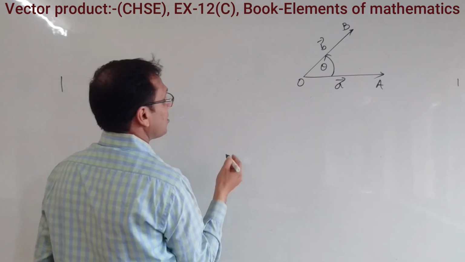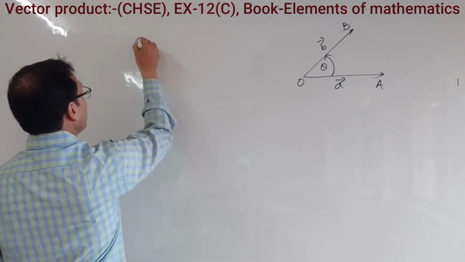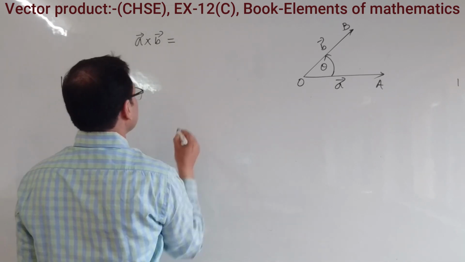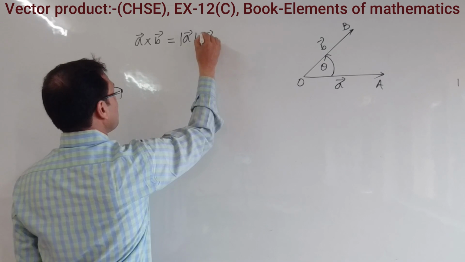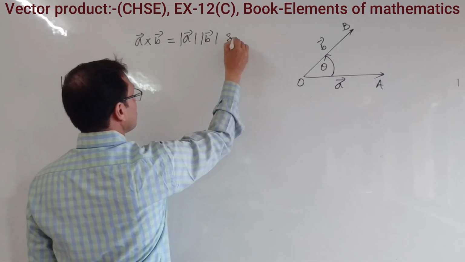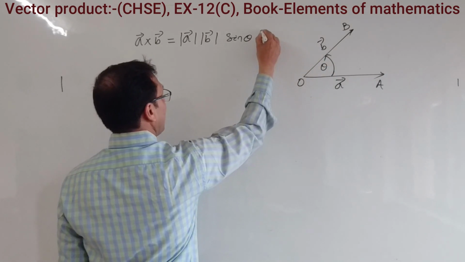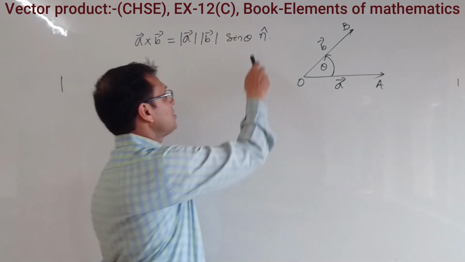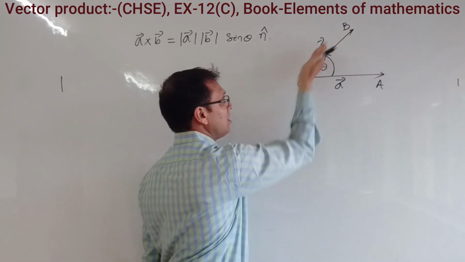So the vector product between the two vectors a vector and b vector is denoted by a vector cross b vector, which is equal to magnitude of a vector, magnitude of b vector, sine theta, where theta is the angle between the two vectors, and n cap. N cap is the unit vector which is perpendicular to the plane containing OA vector and OB vector, that is a vector and b vector.